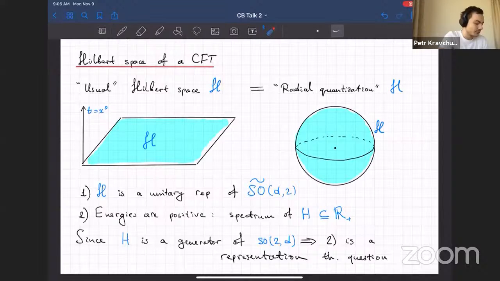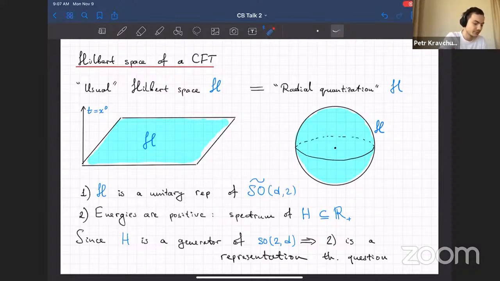Now, this Hilbert space that we have is supposed to be, of course, as usual, a representation of the symmetry group. And the symmetry group, as discussed last time, is the Lorentzian conformal group SO(2,d), and you also have to take its universal covering group, because SO(2,d) is not simply connected.